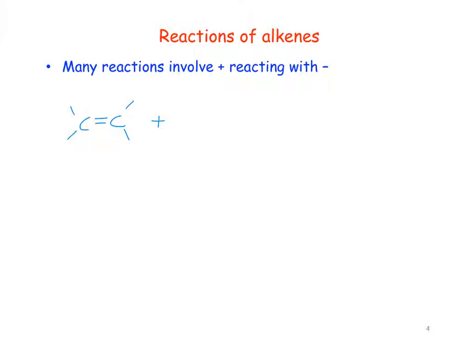And we're going to react this with hydrobromic acid. Hydrobromic acid is a polar molecule, so there's a delta plus on the hydrogen and a delta minus on the bromine, because bromine is more electronegative.